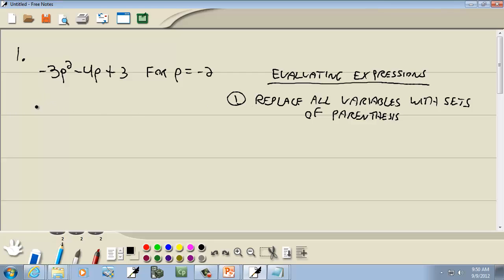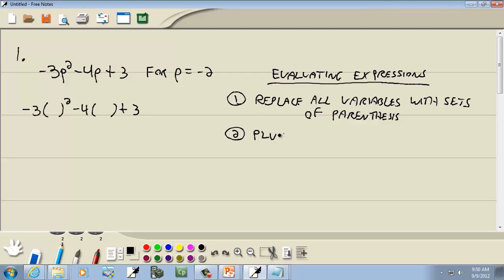Now everything else remains exactly as is. The negative 3 remains there, the squared remains there, the minus 4 remains there, the plus 3 at the end remains there. The only thing we did is we went through and everywhere we had a variable, we put in a set of parentheses.